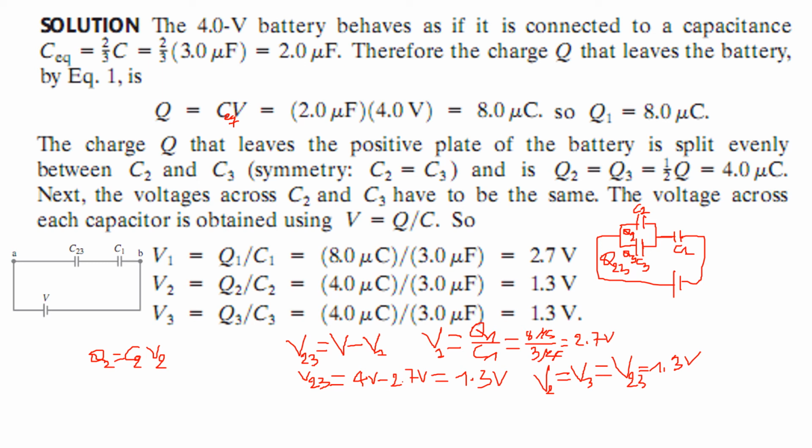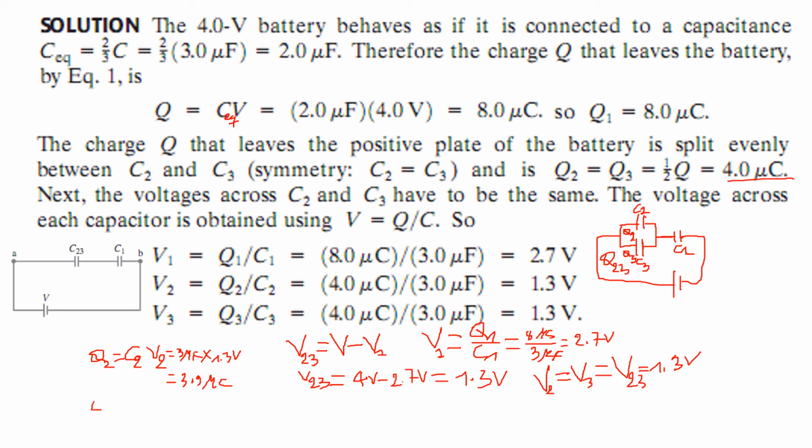Then the charge on capacitor 2: capacitance 2 is equal to 3 microfarad, times voltage 2, 1.3 volts, is approximately 3.9 microcoulomb, which is approximately 4 microcoulomb.